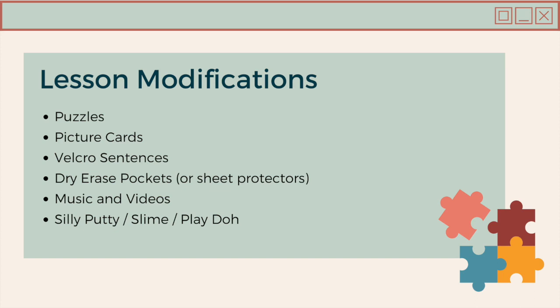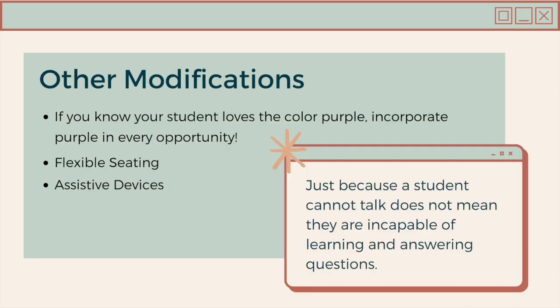I will frequently use what a child likes and or dislikes to help motivate the work. So for example, if a student loves the color purple, someone in my classroom loves purple, I will try to incorporate purple as much as possible in the lesson. And that means letting them use purple crayons to color, or letting them use the purple sheet protector, or giving them the purple chair. Some other modifications might be some flexible seating.